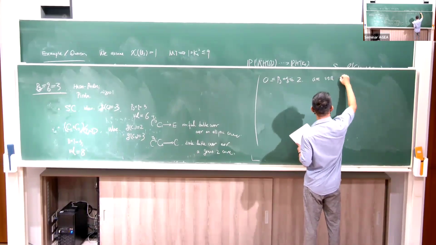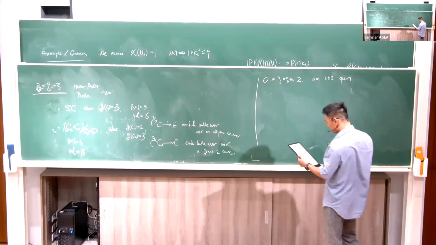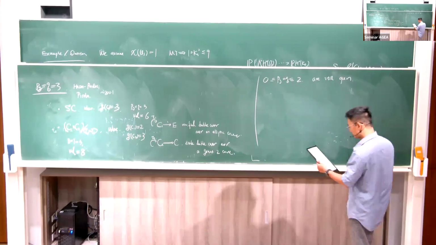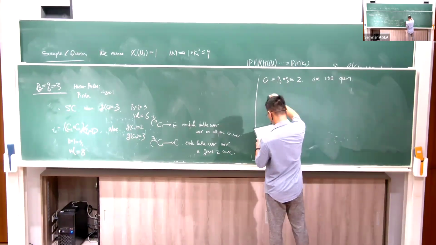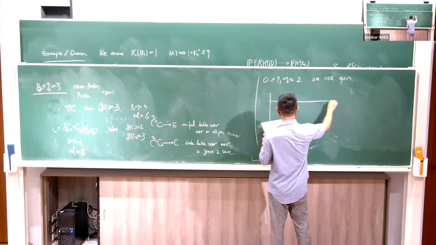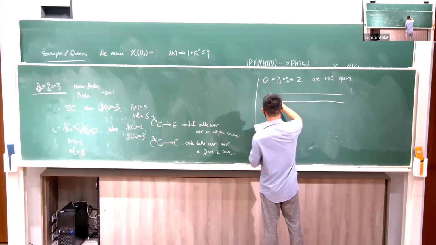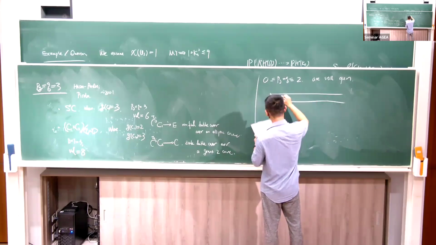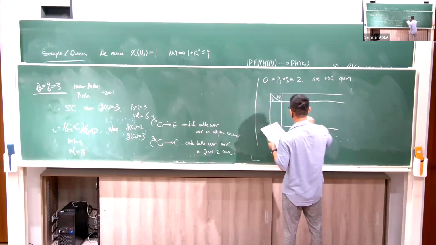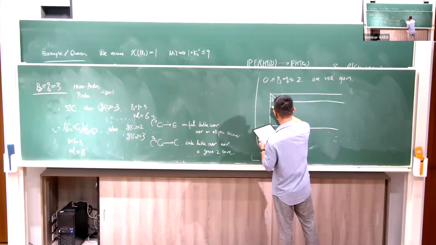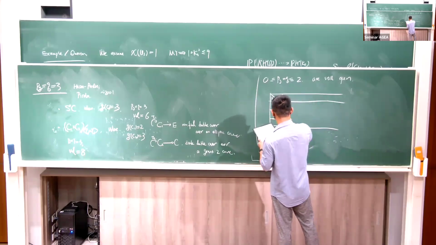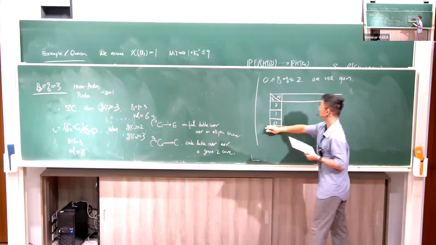Okay, so maybe I can write it in this way. You can see to what extent they are still open. I write PG here, and write the volume here. This is 2, this is 1, and this is 0.